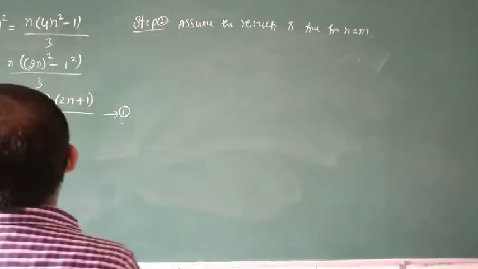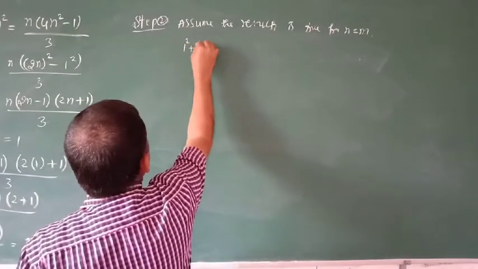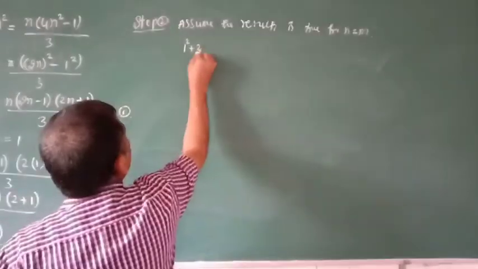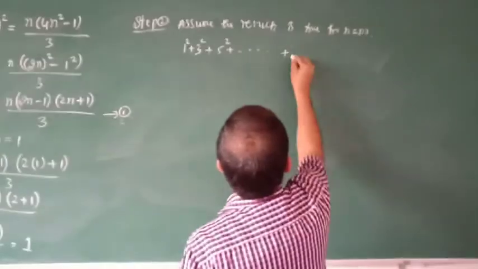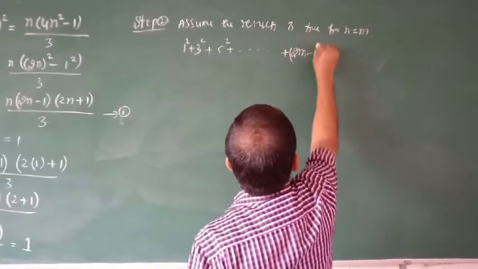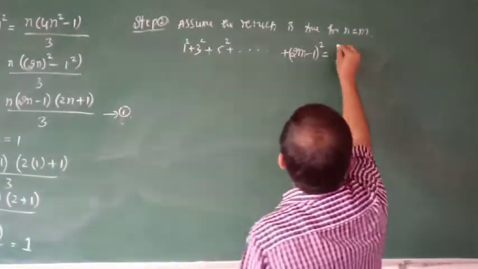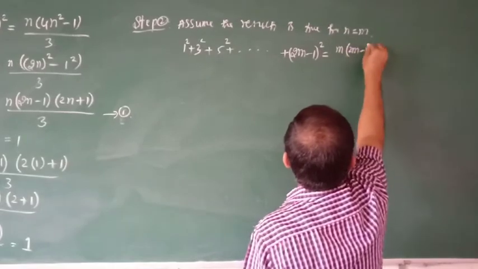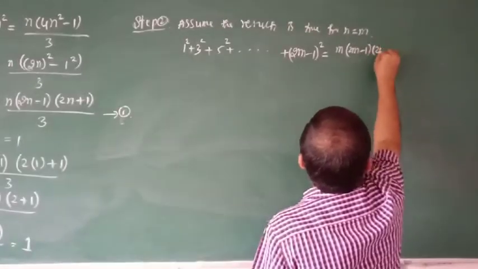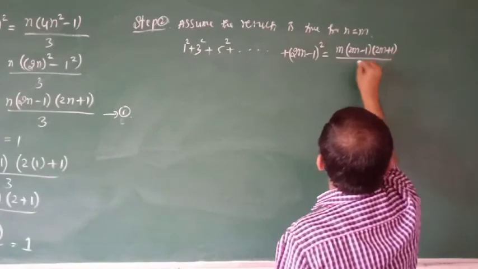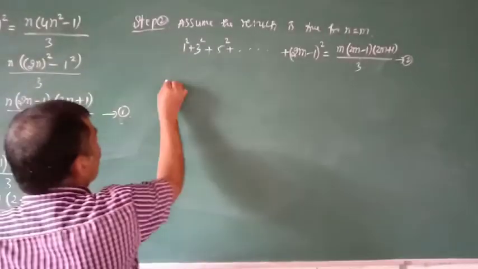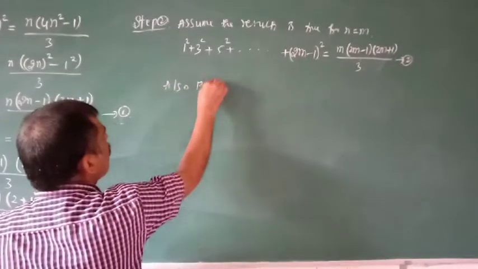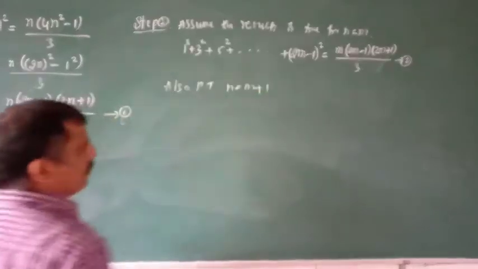So 1 square plus 3 square plus 5 square plus so on plus 2m minus 1 whole square equal to m into 2m minus 1 into 2m plus 1 divided by 3. This is equation 2. Also prove that for n is equal to m plus 1.